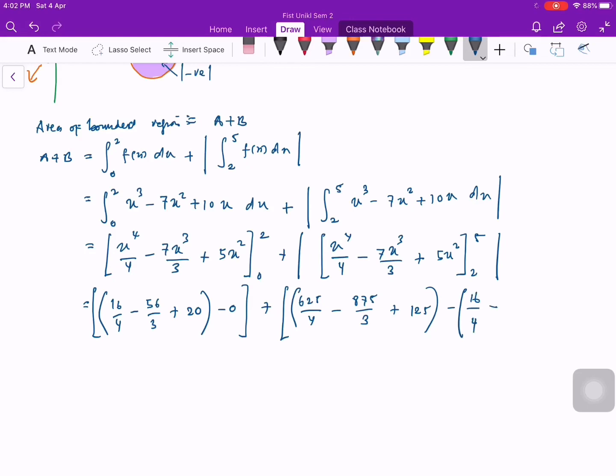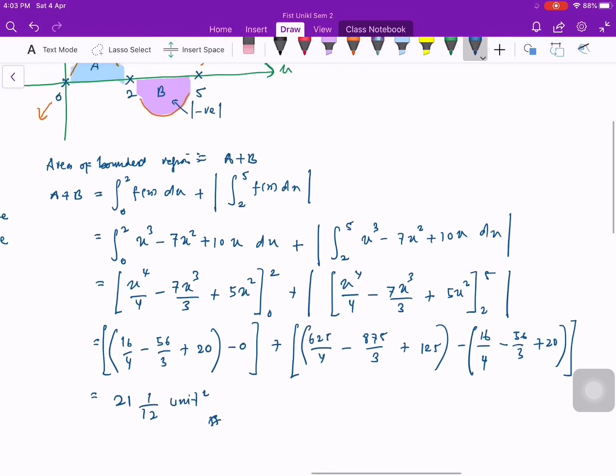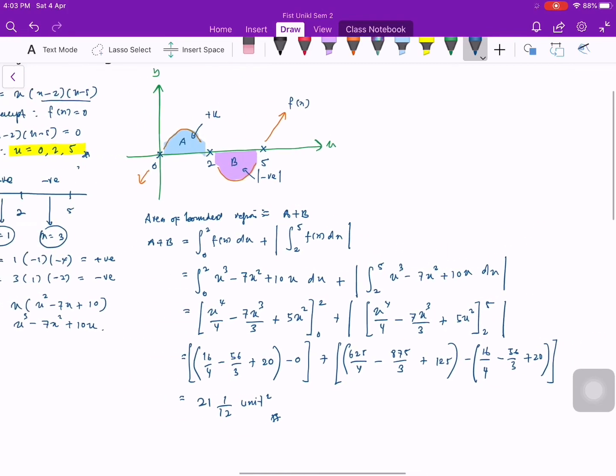Okay, minus with 56 over 3 plus with 20. Okay, so now by calculating all of this dengan menggunakan calculator, we're supposed to have 21 1 over 12 units squared. Okay, so this will be a final answer untuk soalan ni lah. Okay, alright.